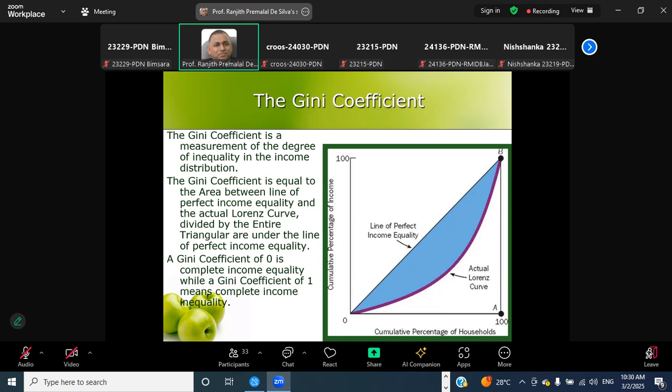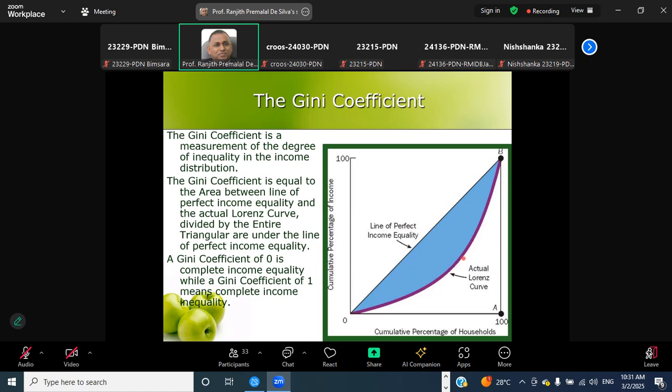So the Gini coefficient is equal to the area between the line of perfect income equality and the actual Lorentz curve, divided by the entire triangular area under the line of perfect income equality. So what it means is, if you look at this, the highest deviation, the vertical difference between perfect income equality and the Lorentz curve, is the value of the Gini coefficient.